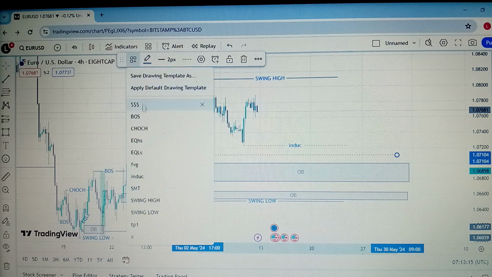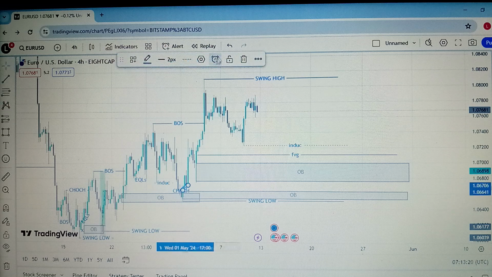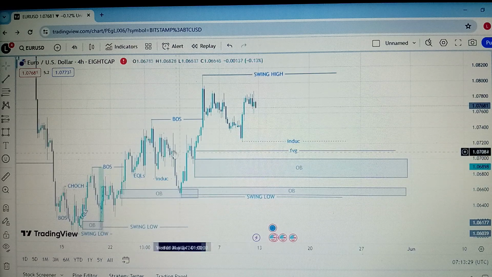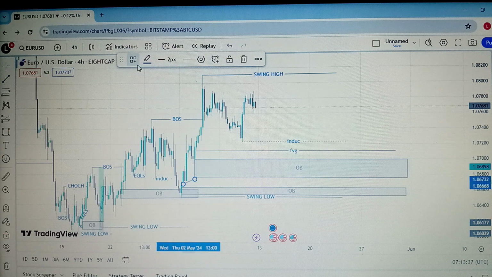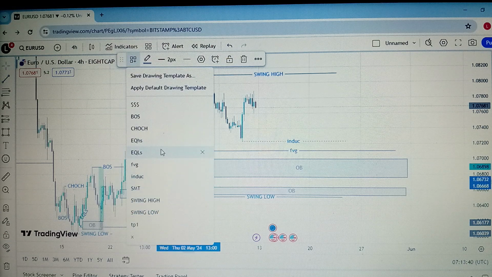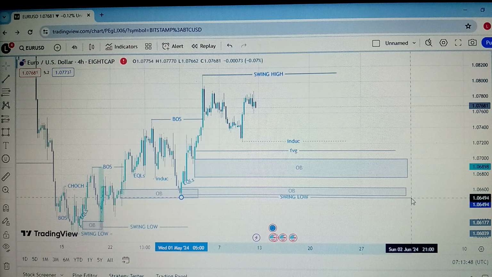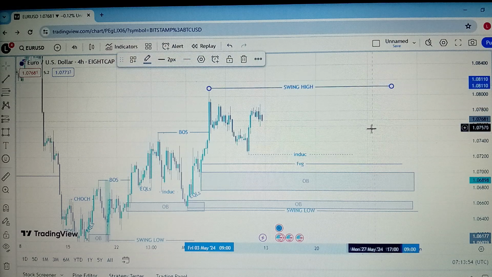If you look carefully, we also have relatively equal lows right here, which is another form of liquidity on the lower time frames. And that's what I'll be looking for on the Euro US dollar.